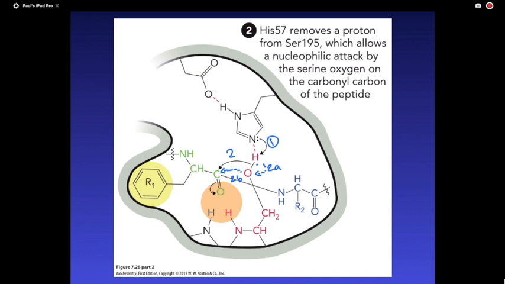All right. When you attack, you have to go through a transition state. If you attack something that has a double bond, the electrons have to kick up onto an intermediate. And when the negative charge gets on the oxygen in step number 3, that's okay because it's in the oxyanion hole.